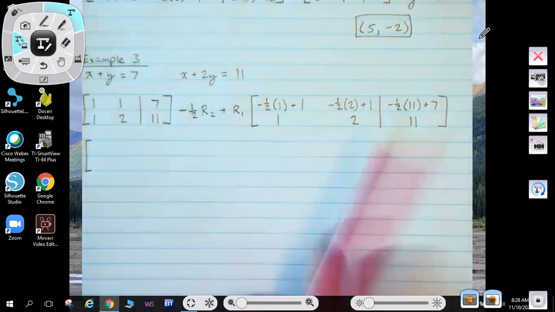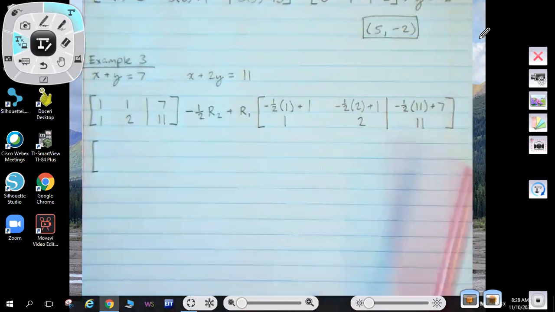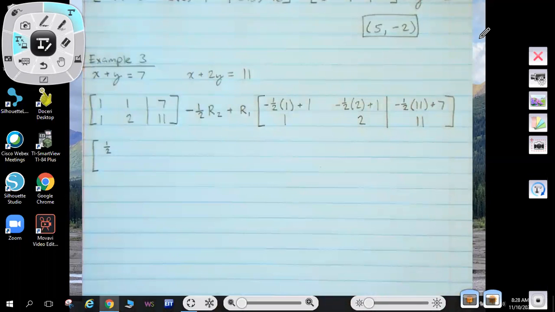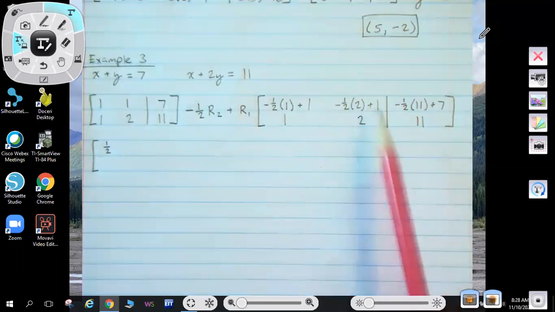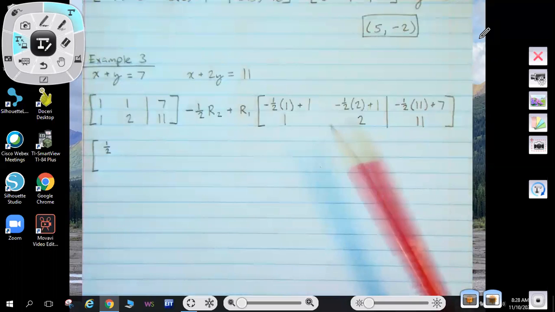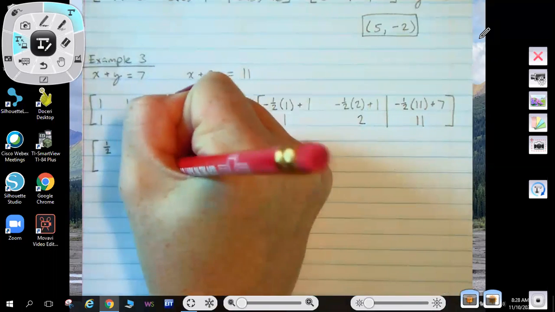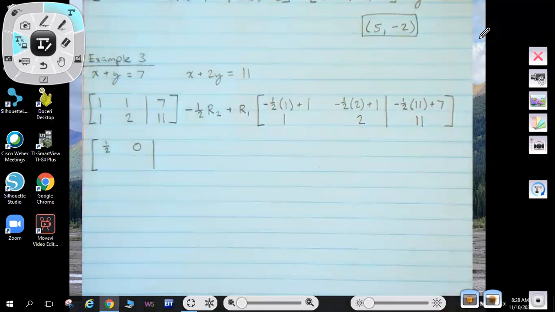Okay, let's do that little bit of math from the first row. -1/2 times 1 is -1/2, plus 1 is +1/2. Okay, -1/2 times 2 is -1, plus 1 is 0, which is what we wanted to happen. So if we didn't get a 0 there, we did something wrong.